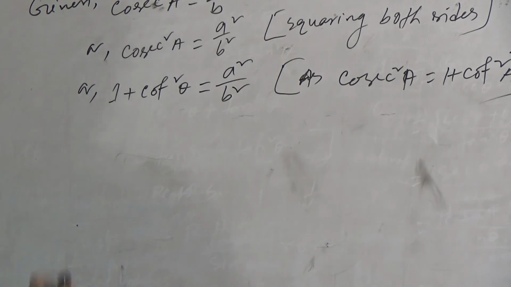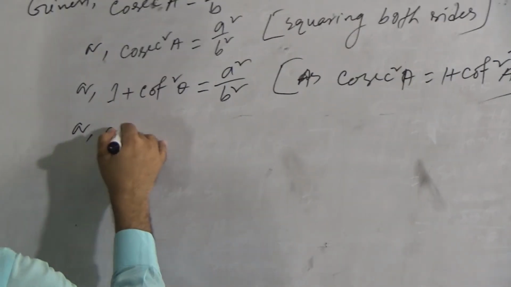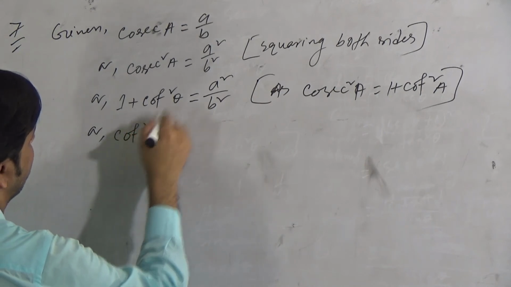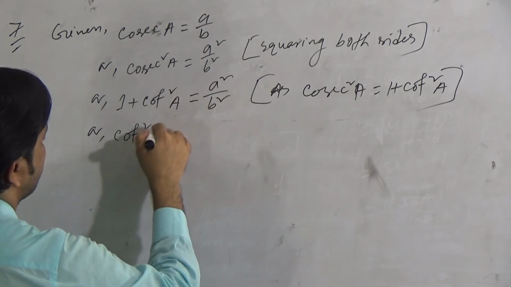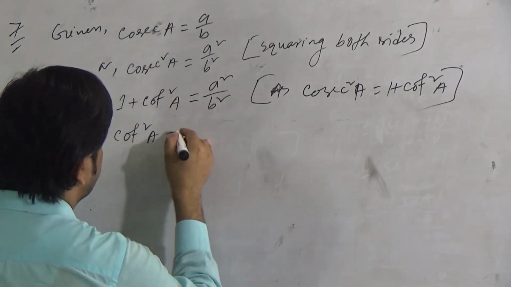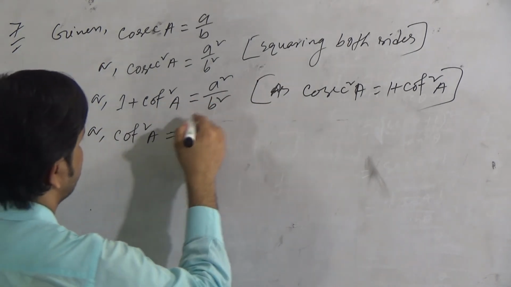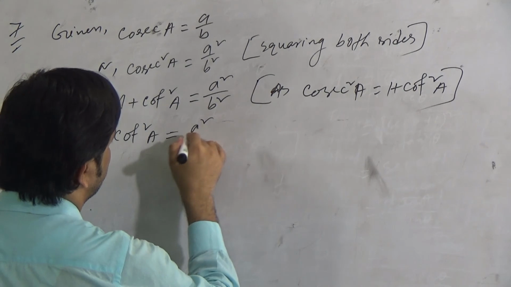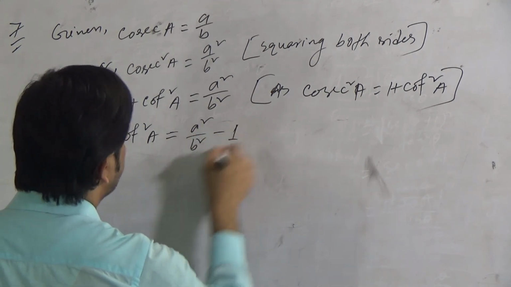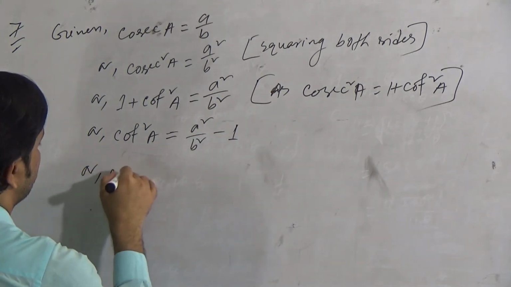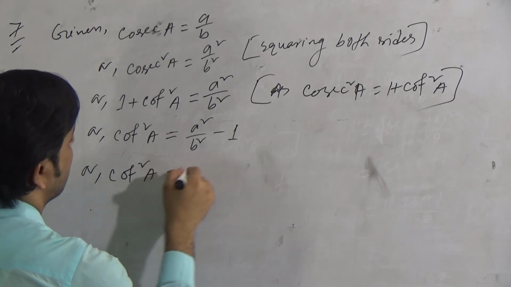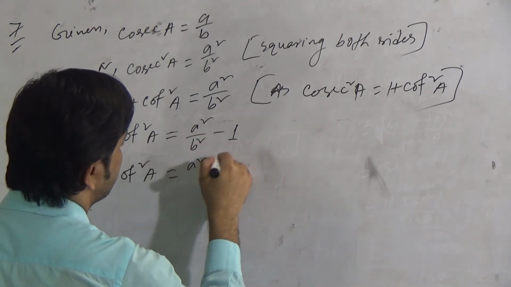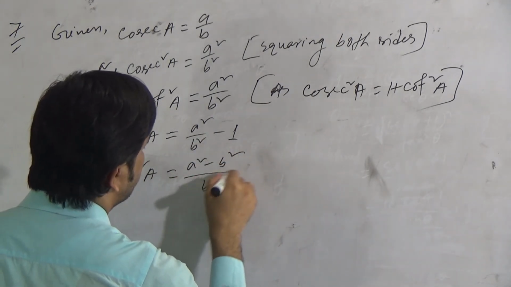Okay, so we can write here cot square A, not theta, cot square A, that is equal to, we can take 1 from the left side to the right side, A square by B square minus 1. Now calculate here cot square A. So we can write here A square minus B square by B square.